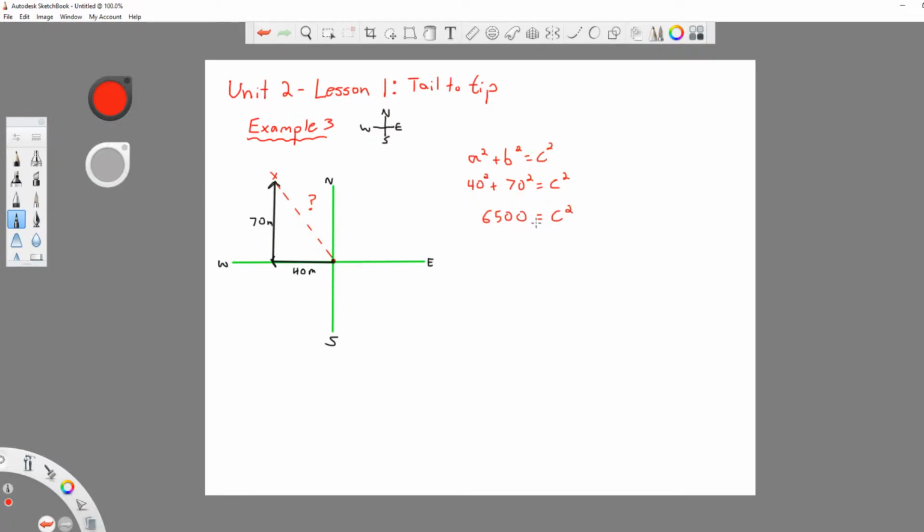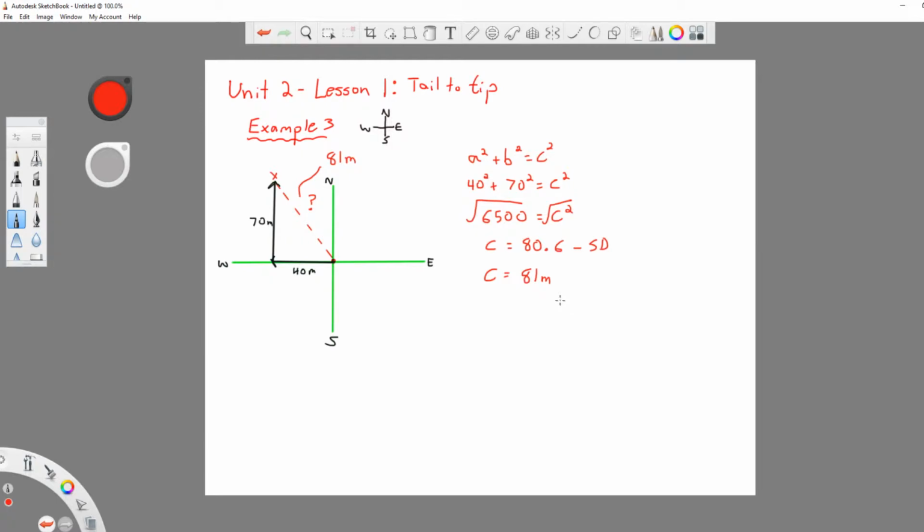Now if we want to get just c, we square root both sides, and we end up with c coming out to about 80.6. Now, if you look in the question, we really only have the 40 meters and the 70 meters values. So we only have 2 sig digs. So c here is actually equal to 81 meters.